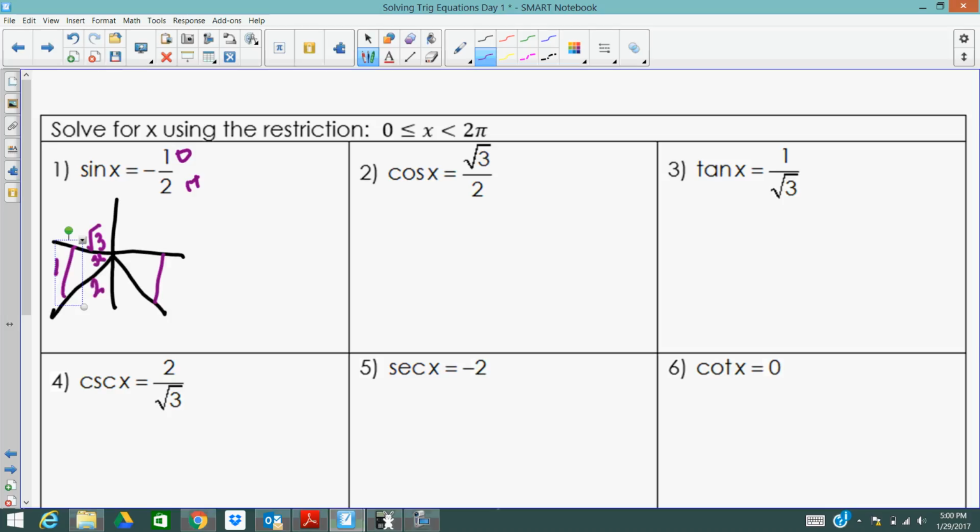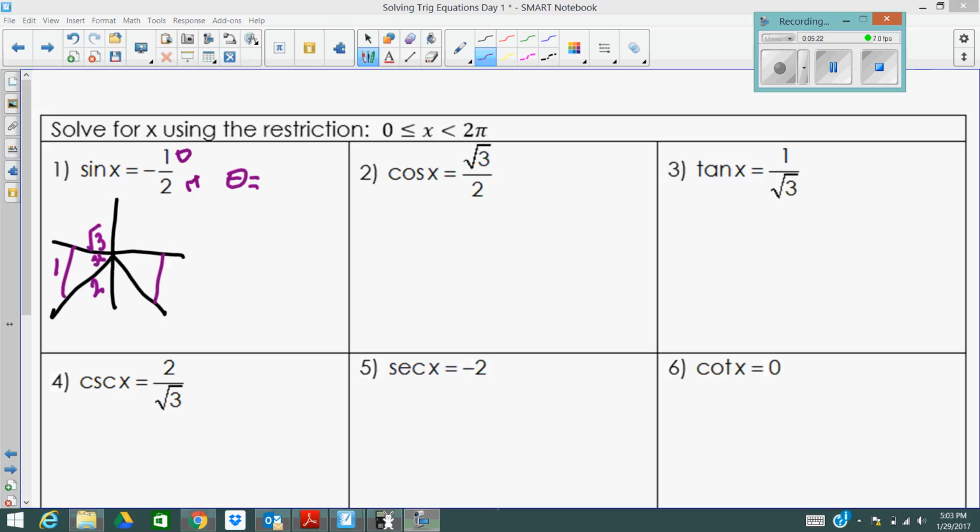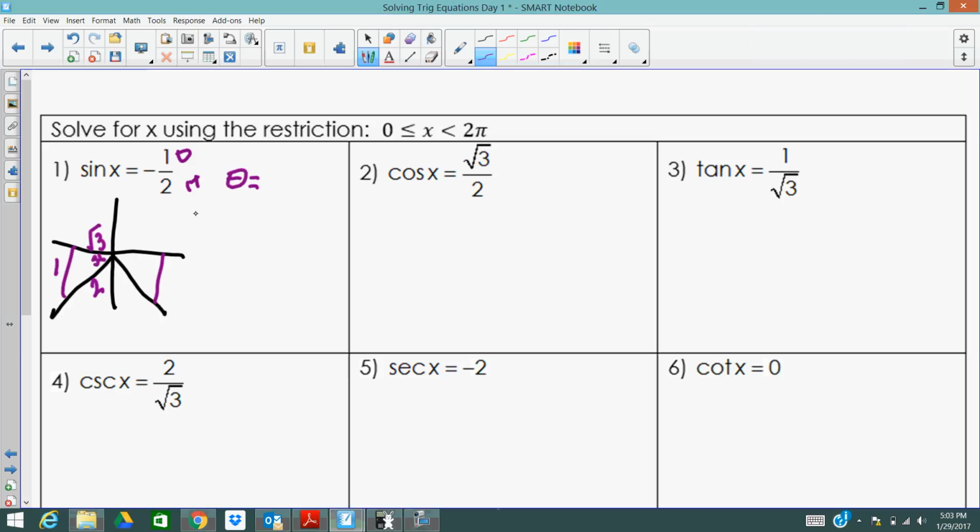So that means that theta in this case is going to be, so 30 degrees has a reference angle of pi over 6. So remember 1 pi is 6 pi over 6.